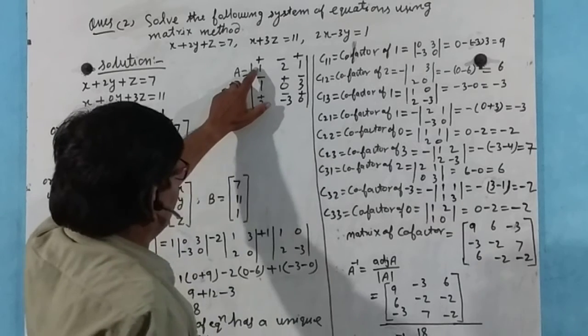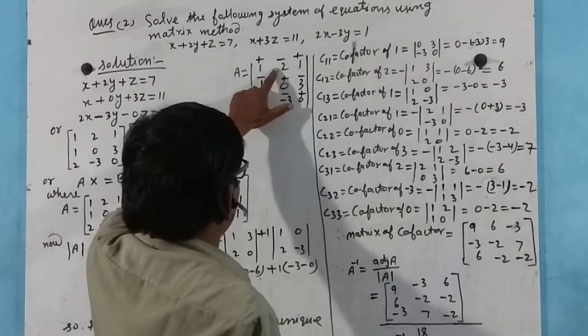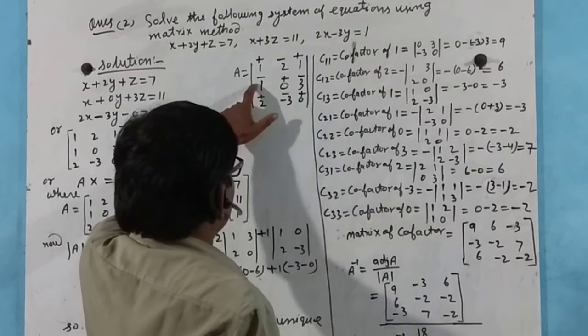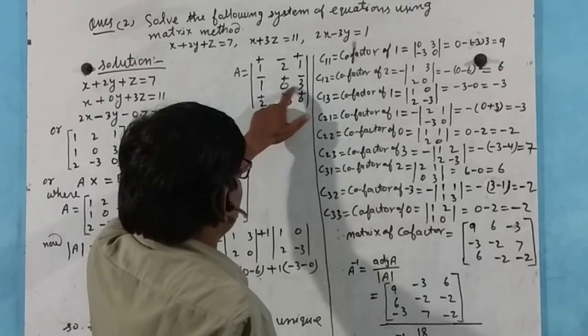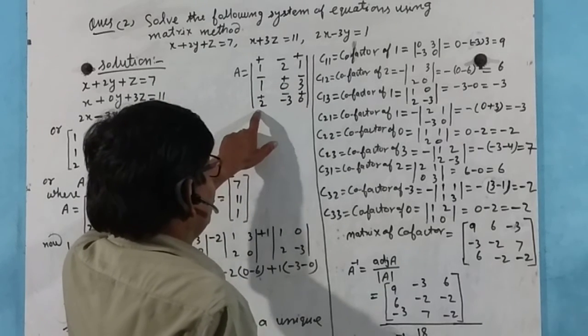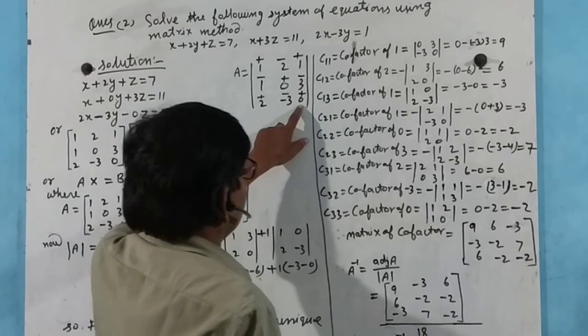Now the cofactors are C11, C12, C13, C21, C22, C23, C31, C32, C33.